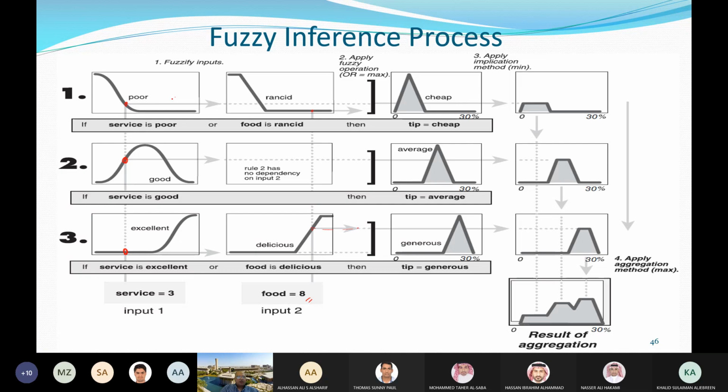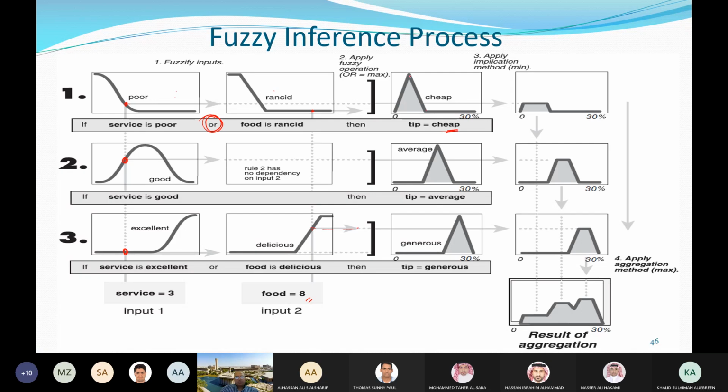So this is the first part of the antecedent, and this is the second part of the antecedent. And we have OR here. So this becomes 0.2, for example, and this is 0. So if you have OR, you take the maximum value between 0.2 and 0. So 0.2 and 0 is 0.2. And this is the output, the tip is cheap, this is the rule here.